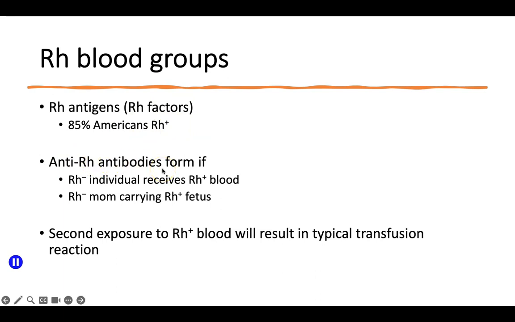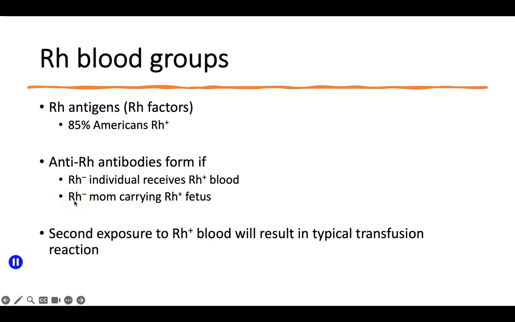Anti-Rh antibodies are going to form if an Rh negative individual, so someone who doesn't have this Rh factor natively or endogenously, receives Rh positive blood.